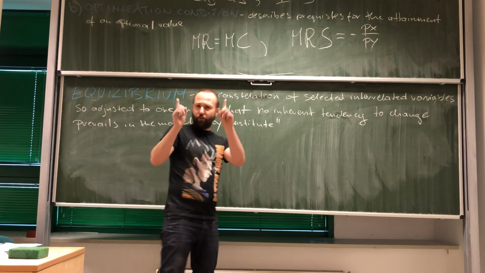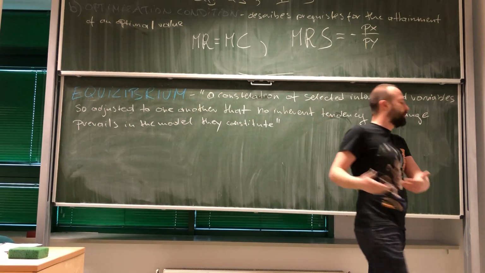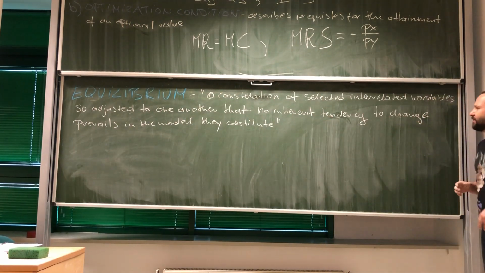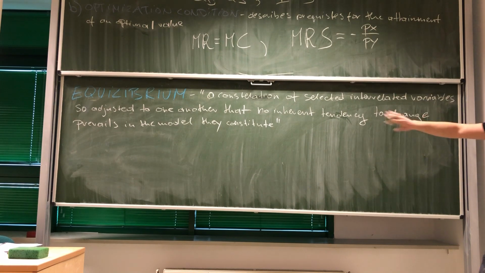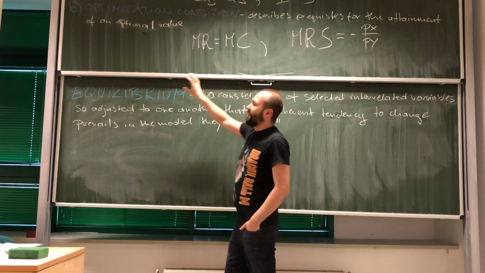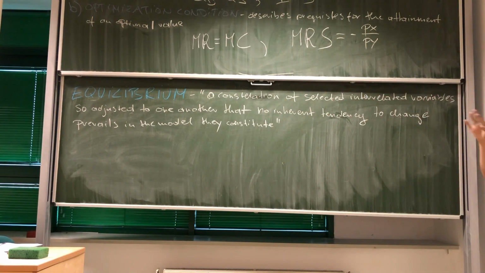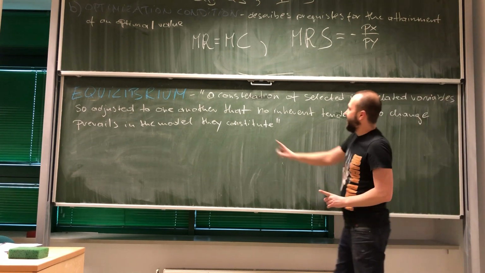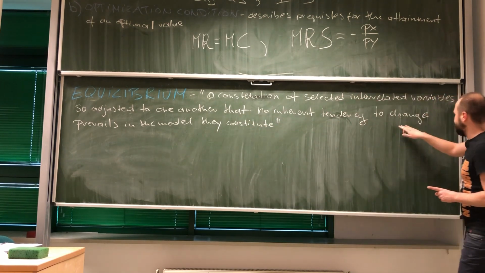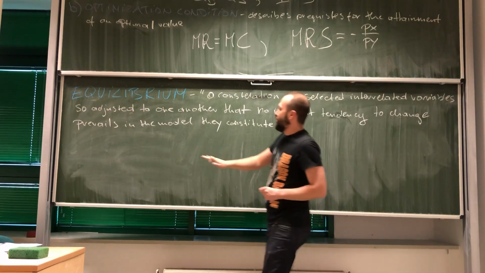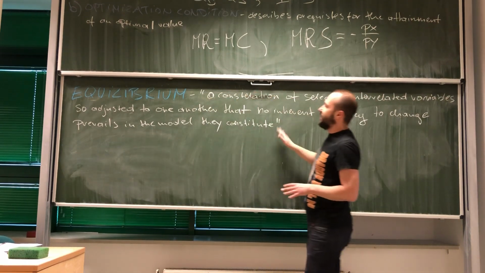So I'm going to stick with one. We're going to move to multiple equilibria in the future. So they are adjusted. It means they are in very specific proportions to one another. Okay, and we get no inherent tendency to change prevails in the model they constitute.